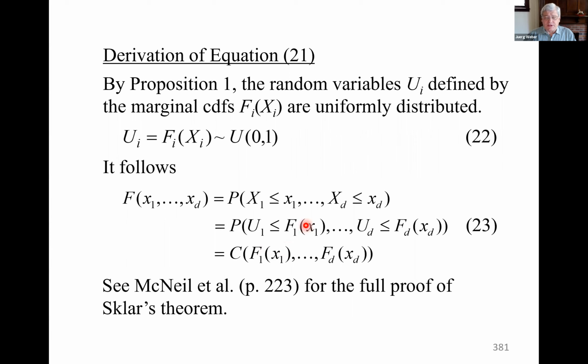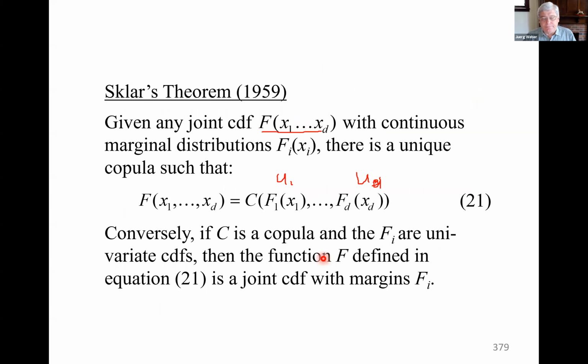Now here I have another expression. This expression must be the same as that expression, because here I have the uniform distribution. But that proves it. That's already the derivation. You see, the joint distribution of those D random variables can be expressed as a Copula, and that's equation 21.